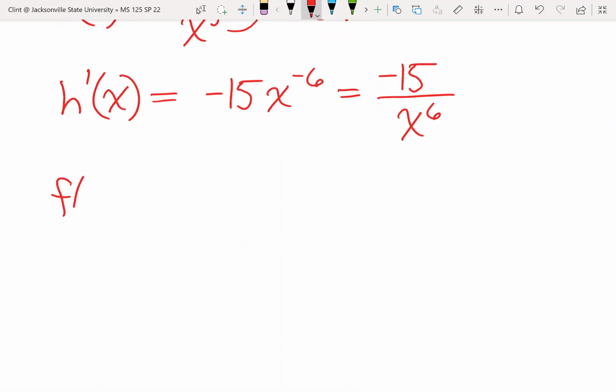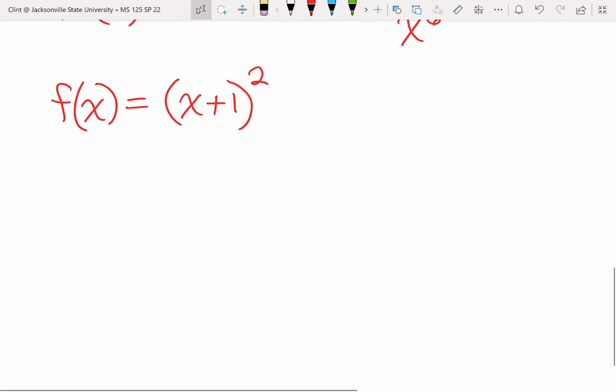Look at another one. This one's a little interesting, because the way it's written, we don't have a rule for it yet.